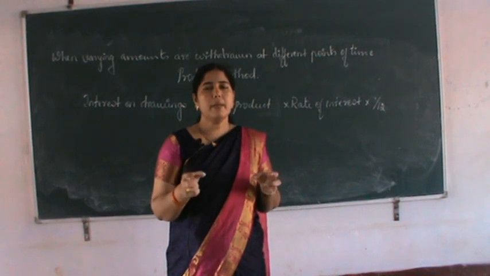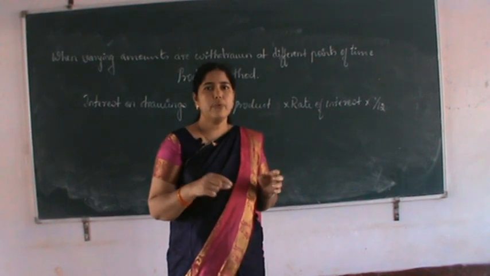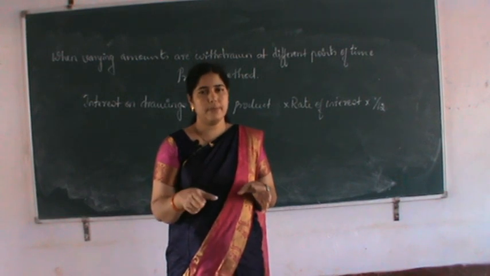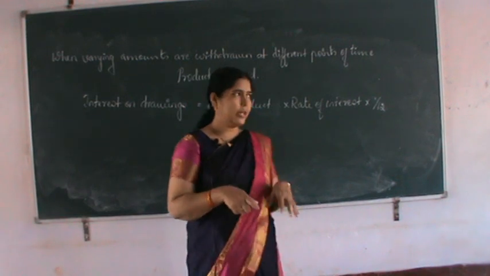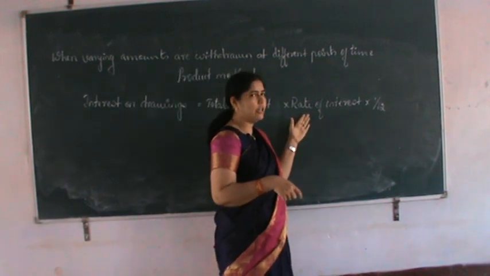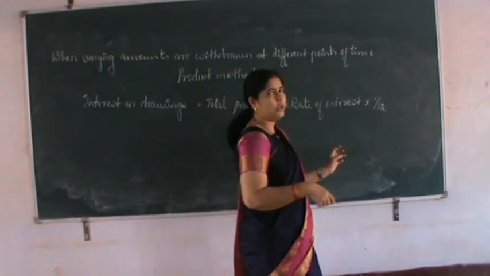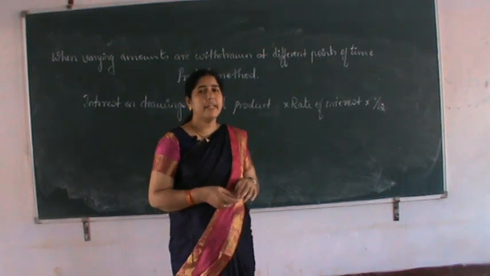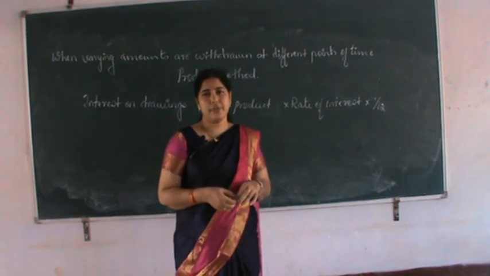When we multiply the amount withdrawn with the outstanding period, that will be the product. So we take the total product, then multiply with rate of interest and 1 by 12, and we will get the interest on the partner's drawings.